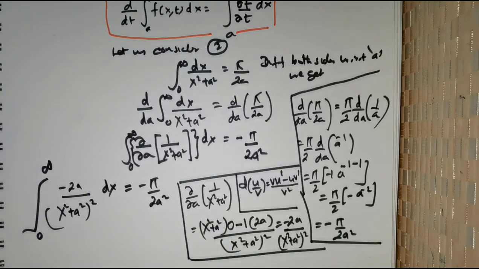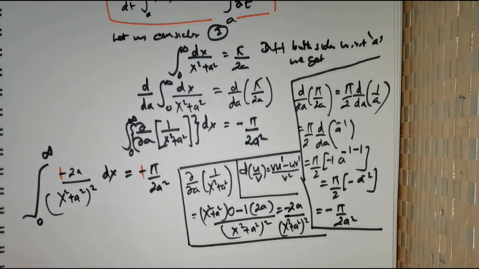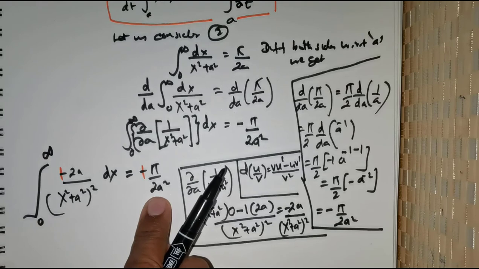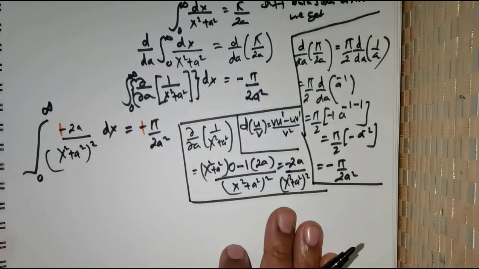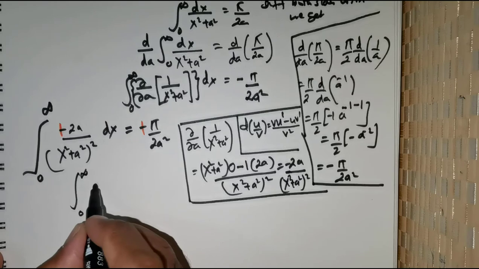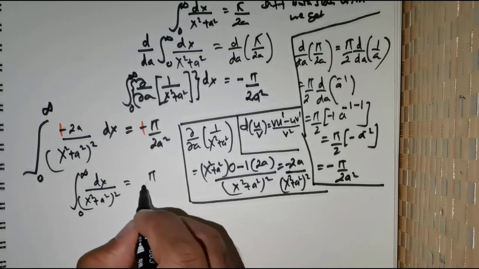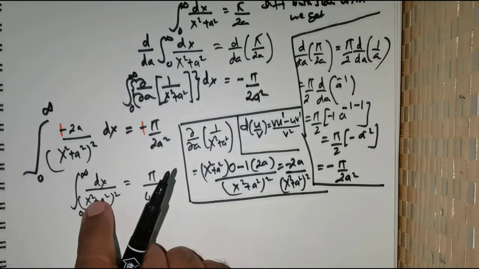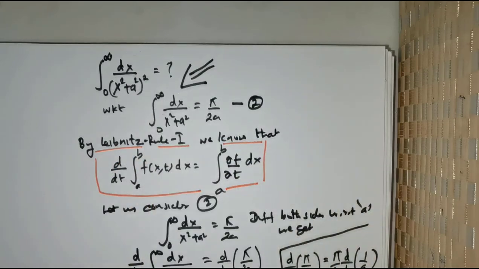Now clearly we can get rid of the two negatives and push everything to the right side. So the integral from 0 to infinity dx over x squared plus a squared raised to the power of 2 is equal to pi over 4 times a raised to the power of 3. Now what is this? This is exactly what was asked.